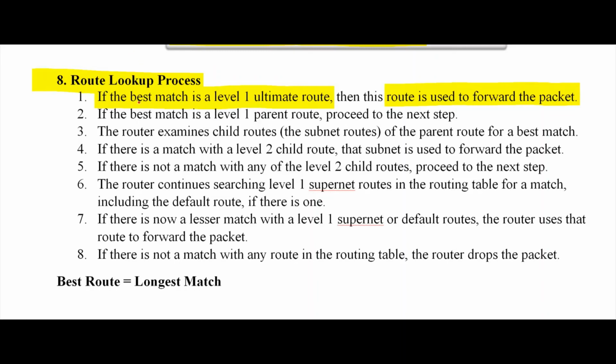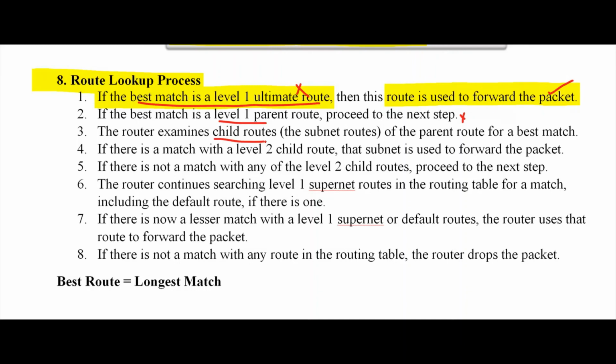If you have the best choice in the ultimate route, forward your packet. Then, if the best match is a level 1 parent route, suppose the ultimate route is not available, go to the next one. The next one is going to be the parent route. Suppose I don't have the route in the parent one also, go for the child route.